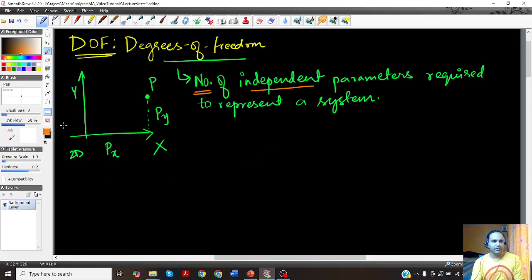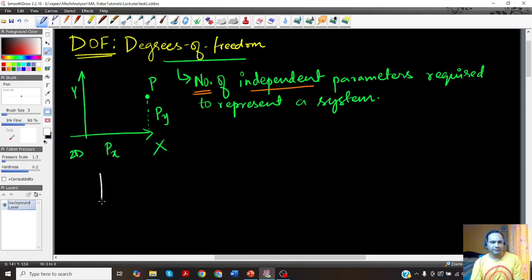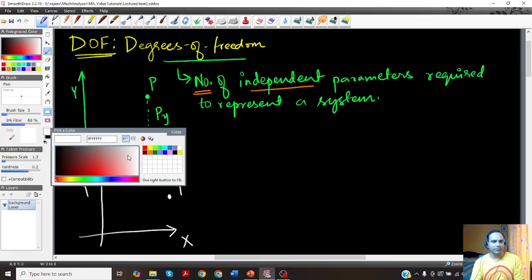Now let us look at another example or variation of this. If I want the same point P but represented in a different manner, how do we do that?